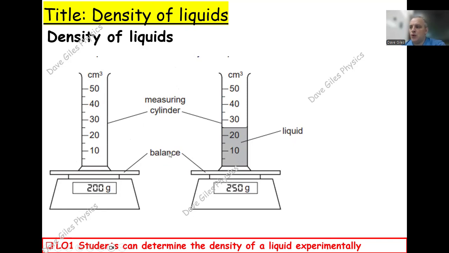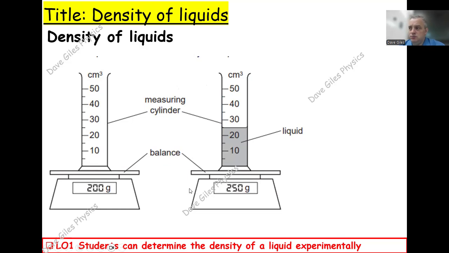You can see here the mass has gone up from 200 grams to 250, so it's gone up 50 grams. The volume is 25 centimeters cubed. So density is mass, 50, over volume, 25. So the density of this is 5 grams per centimeter cubed.